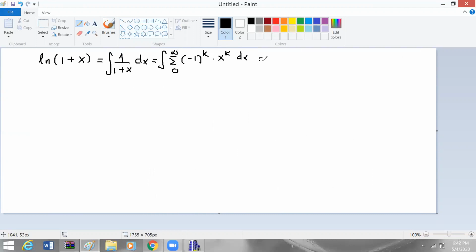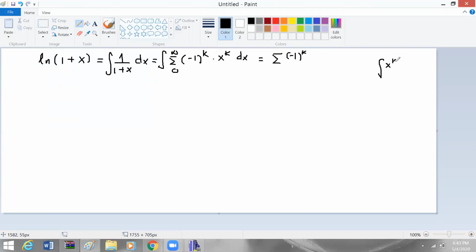And so I just need to take the antiderivative for -1 to the k. So -1 to the k is just a constant, and we just keep it like that. We don't take the antiderivative for that part. Okay, and then after that we need to take the antiderivative of x to the k.